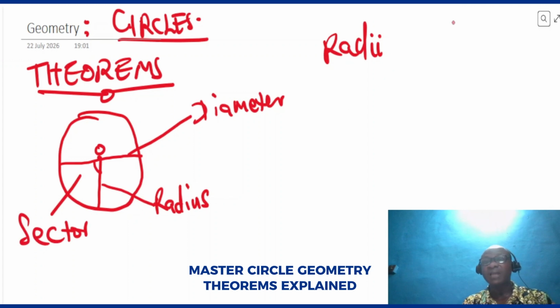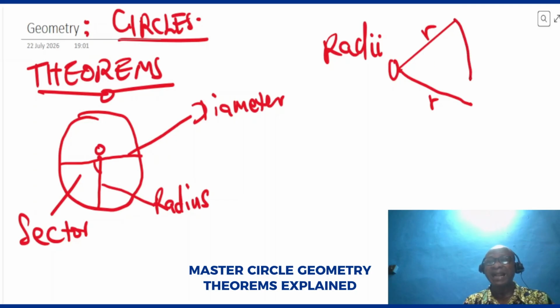A sector looks like this: one line, then another line, two. This is a radius, this one also is a radius. Here is the center, and this is an arc. So we call this a sector.